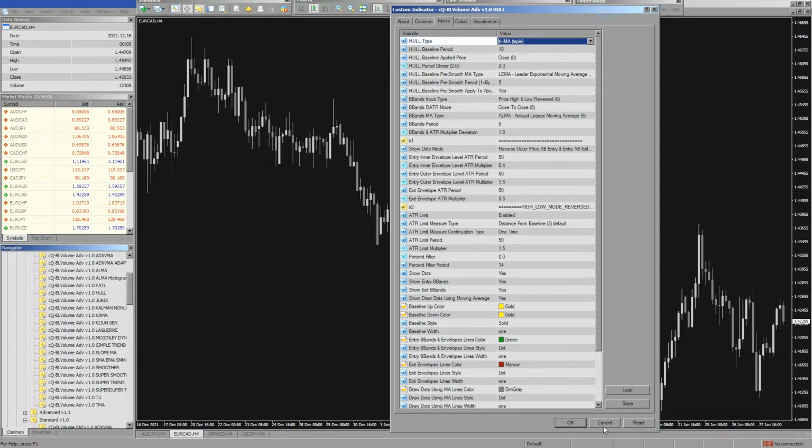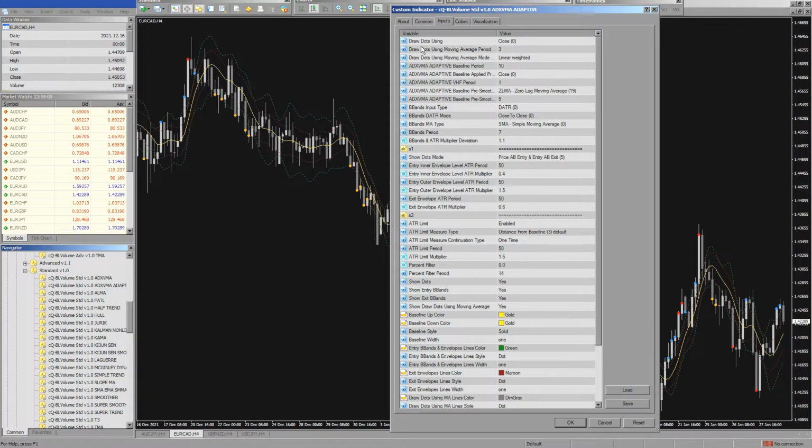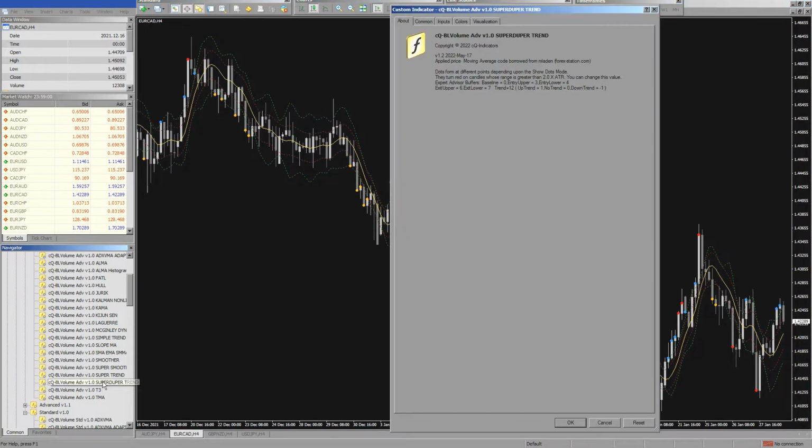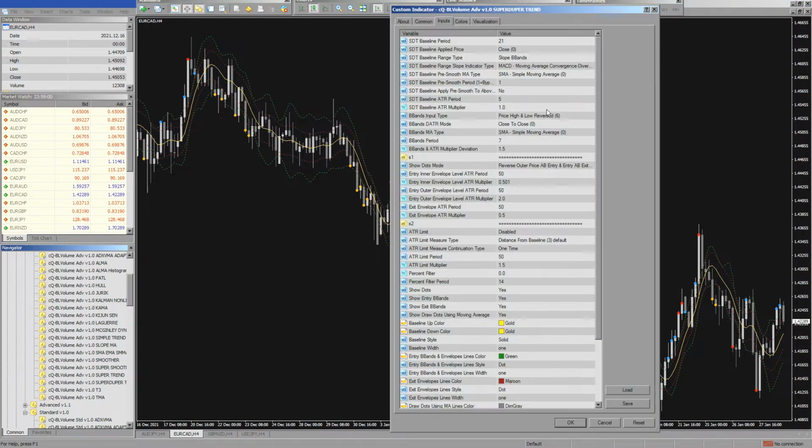On the advanced versions, I took this out. I don't think it's that important of a thing, but I wanted it to be consistent with the previous versions that we had the problems with, so I left those in. And the other version is what I call the super duper trend.